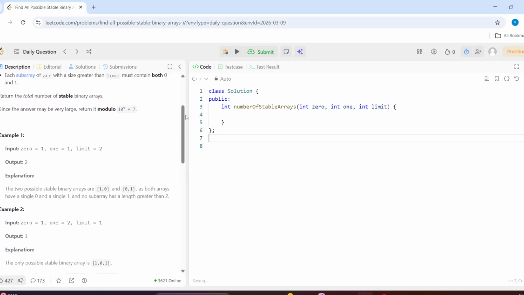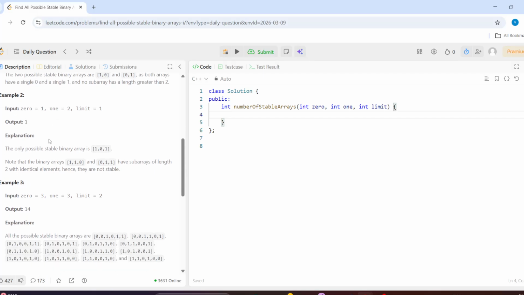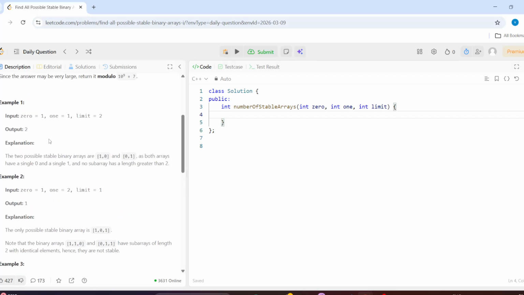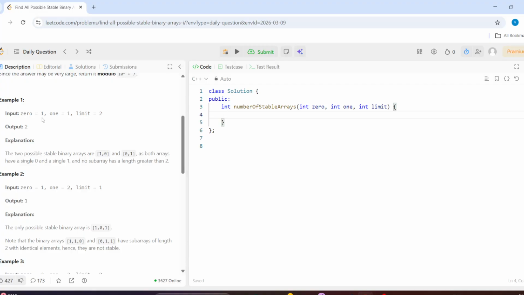So let's code this. Basically the idea will be recursion. We will take or not take, and each time we take ones or not, and zeros we can take or not take if it is less than the limit.